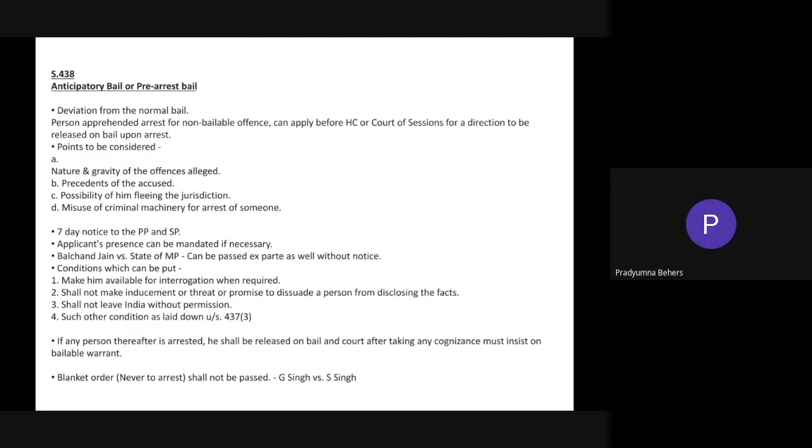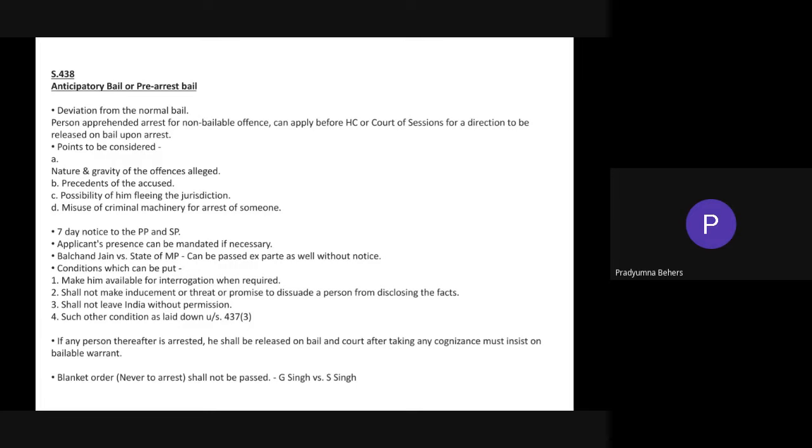Then comes 438, that is anticipatory bail or pre-arrest bail. This is another section of bail, that is bail in anticipation of arrest. Though I would say, even though the bail order passed under this section is done pre-arrest, still it comes into picture once arrest is made.